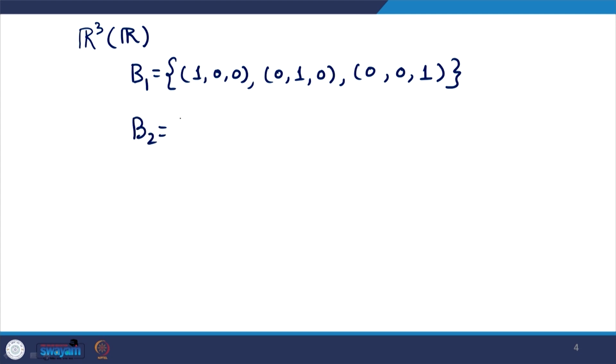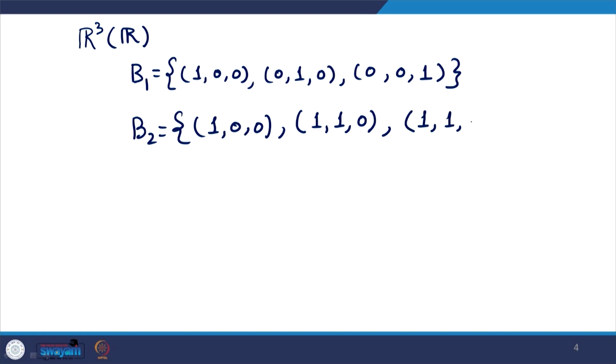If I take another set of 3 vectors in R3, let us say (1, 0, 0), (1, 1, 0) and (1, 1, 1), again these are 3 vectors in R3 and this is a linearly independent set.